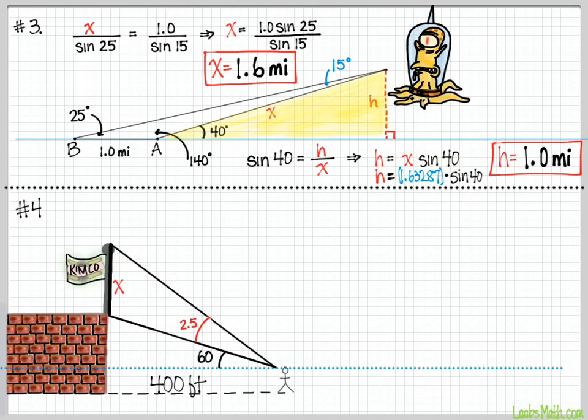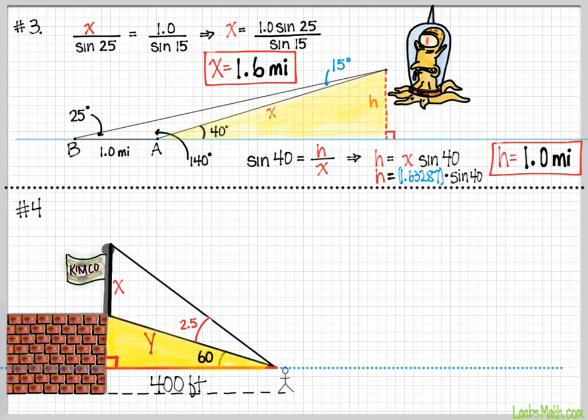But if you look at the triangle created by the person looking at the base and then at the top of the flagpole, we don't have any lengths at all. We could figure out all 3 angles with the information given, but that isn't enough because we need at least one length. The one length given in the problem is that the person is 400 feet away from the building.